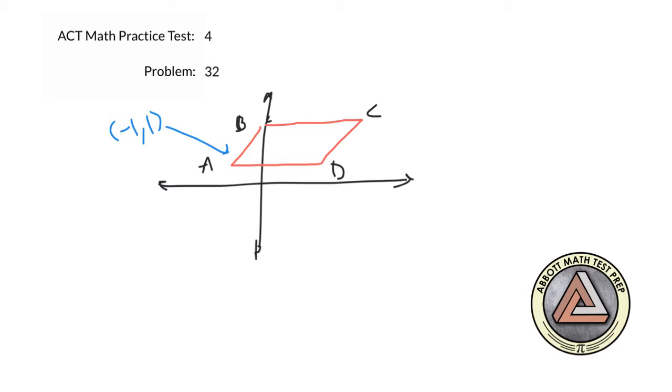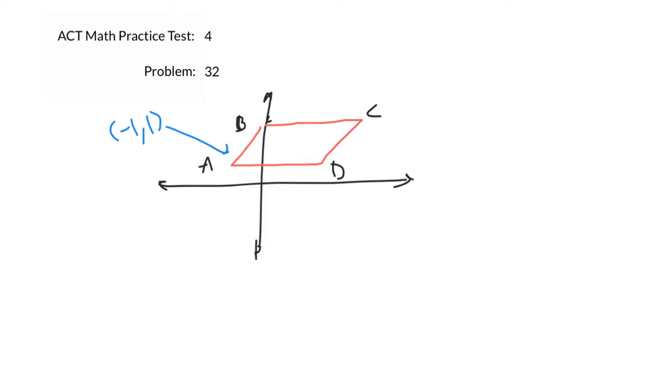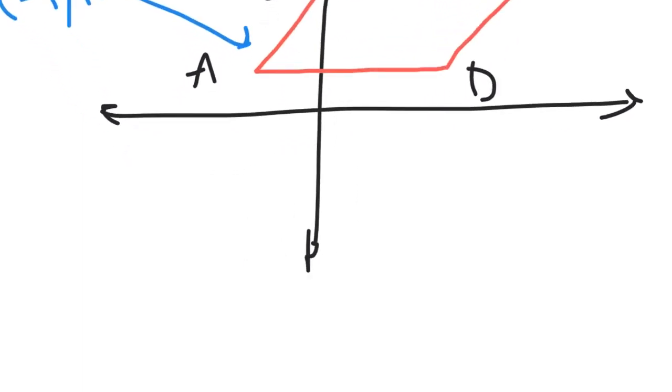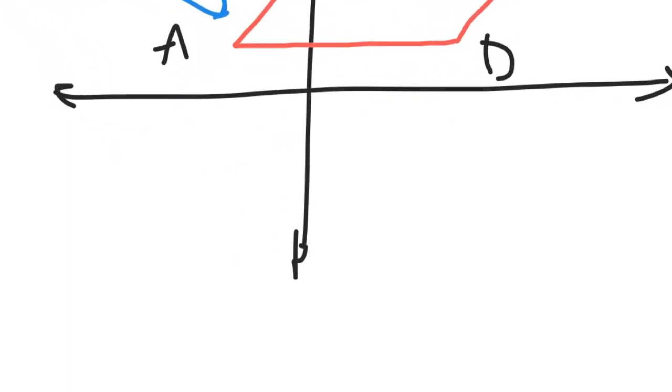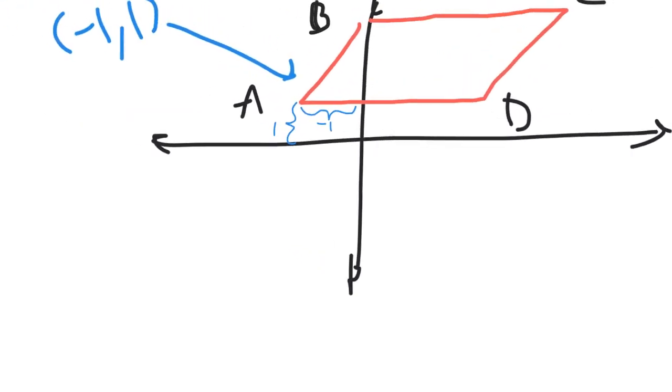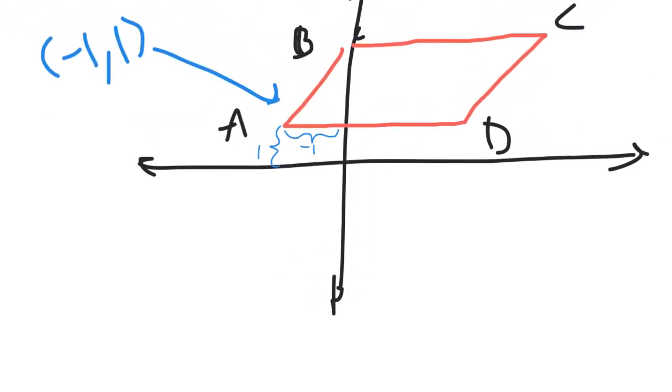And this is not drawn to scale, it's 1 up and -1 over. That's what it means, right? Again, not drawn to scale, but that's basically what they're saying when they say the coordinates are -1, 1. It means that it's -1 over and 1 up.